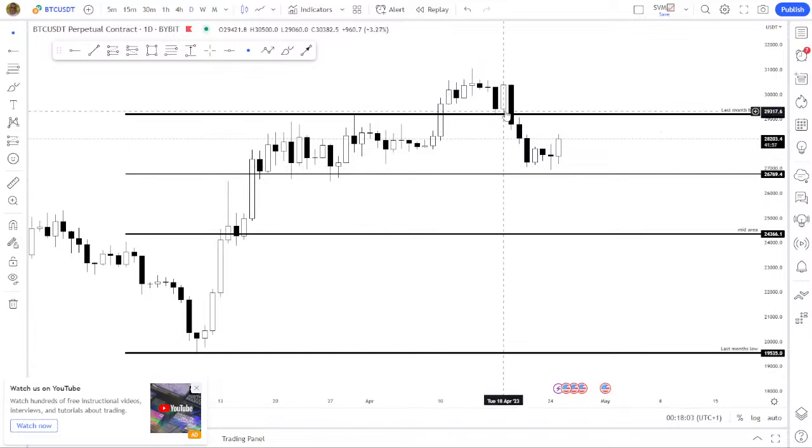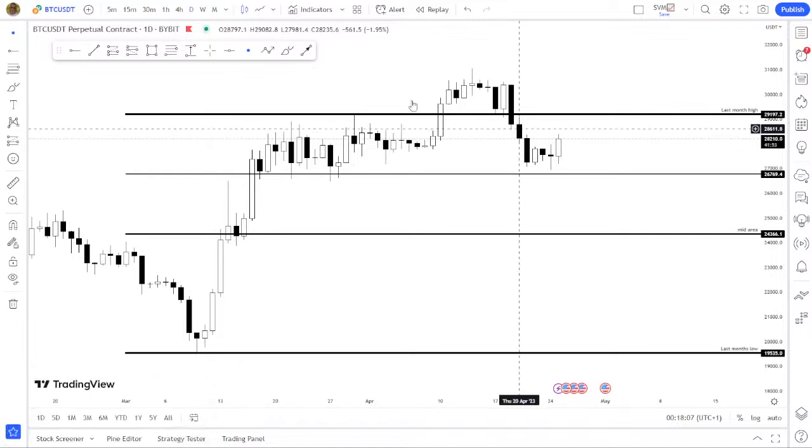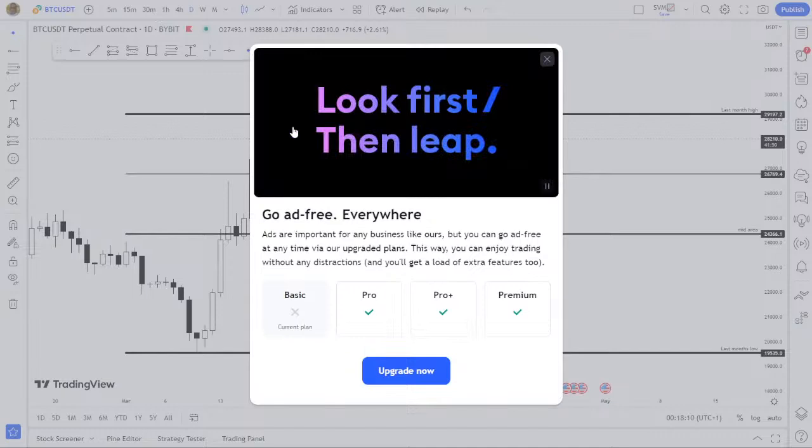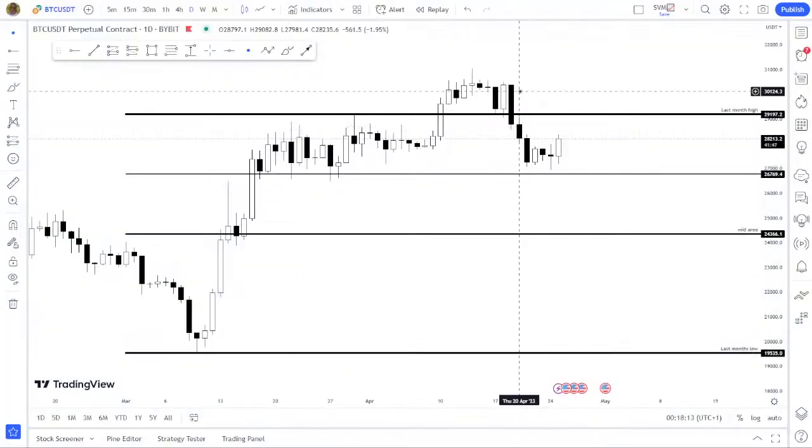And I think this still stands. I think we still get some kind of pullback. I can't say for certainty, but I feel we do have some pullback into that.